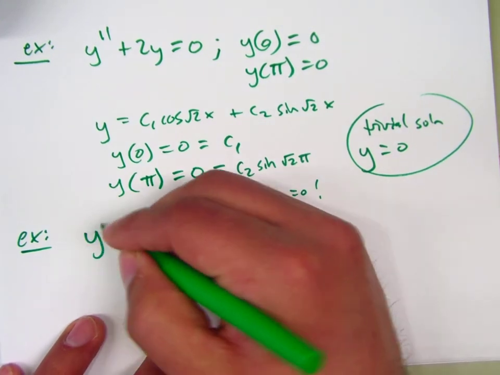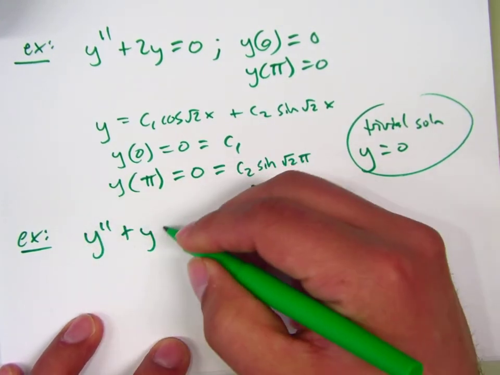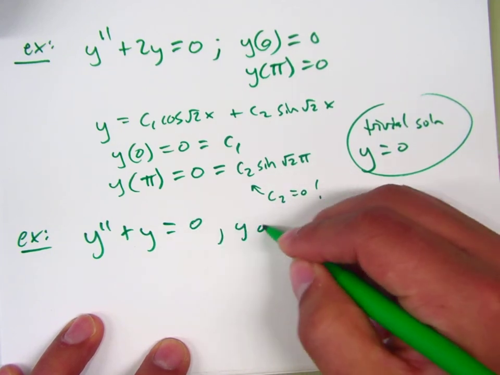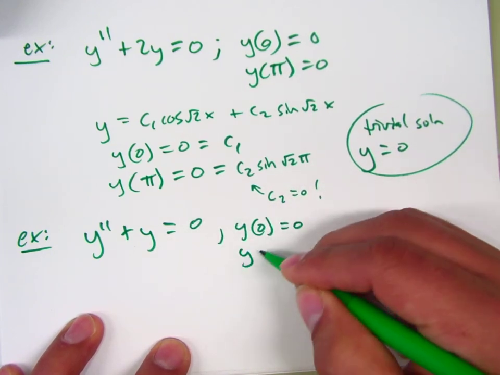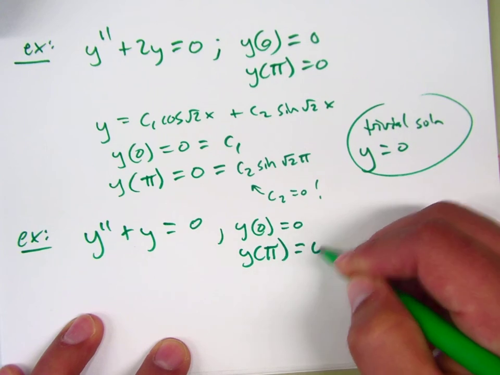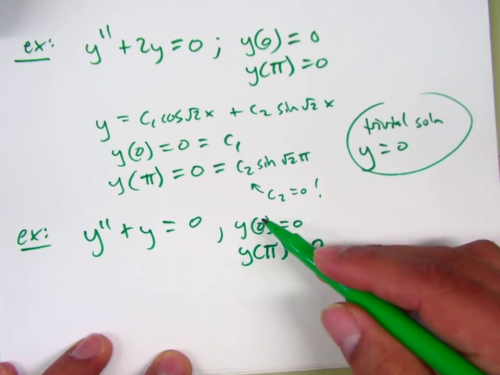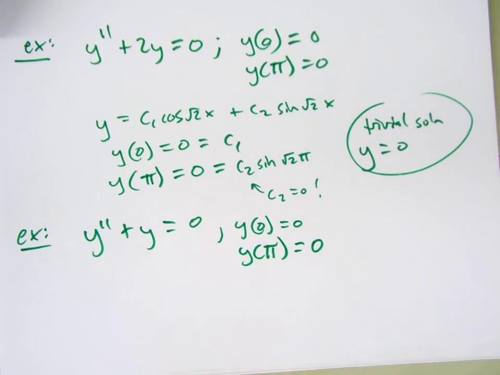So try this one, same as the second one, with again slightly different conditions. So y double prime plus y equals 0, and the boundary conditions are y of 0 is 0 and y of pi is 0.